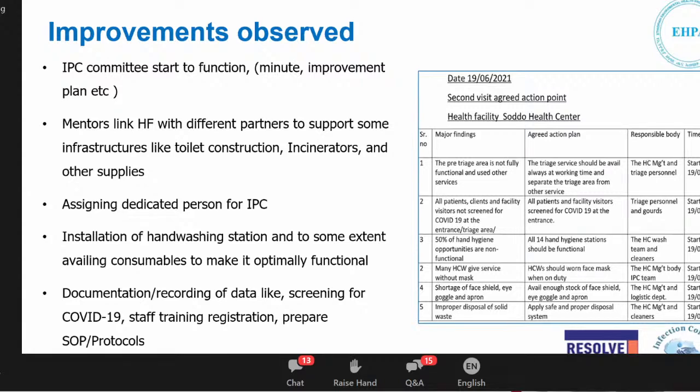There is also improvement of documentation, like recording of data such as screening for COVID-19, staff training registration, and preparing SOPs.